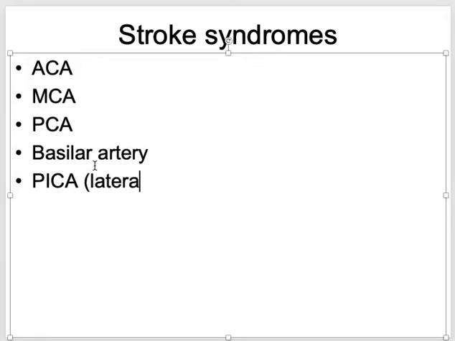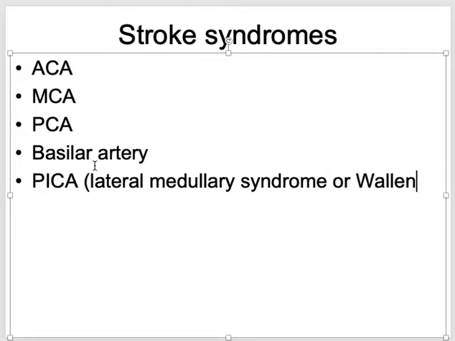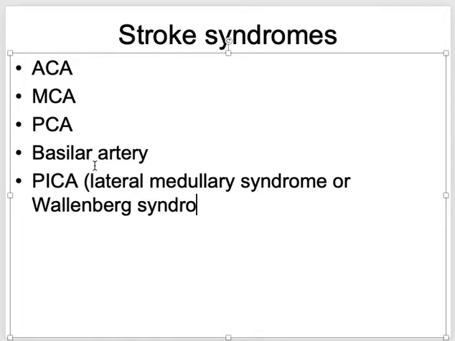One is called lateral medullary syndrome, or the other name is Wallenberg syndrome. These are the other names for PICA stroke. And then there is medial medullary infarct as well.